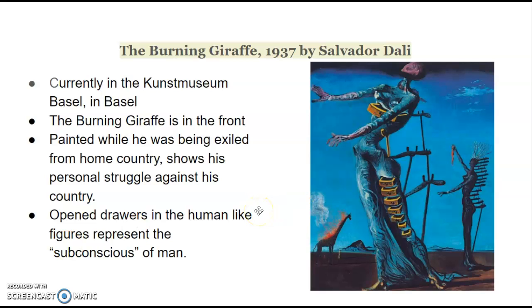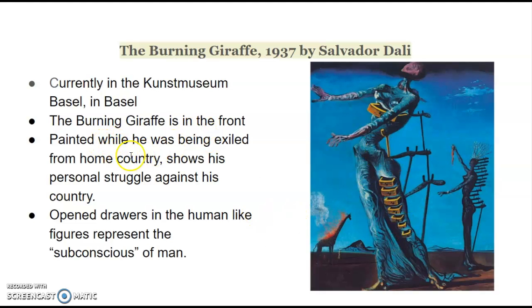This is actually my favorite painting. This was The Burning Giraffe, 1937. It is currently in the Kunst Museum in Basel. The Burning Giraffe is actually in the back, even though that's the title of it, but what's in the front are humanoid figures with drawers coming out of them.